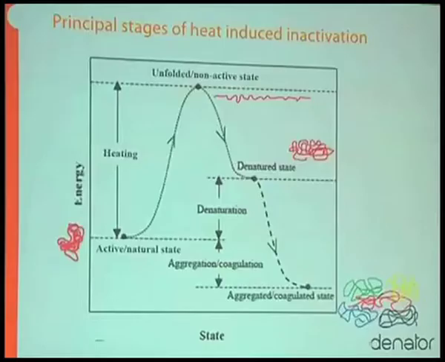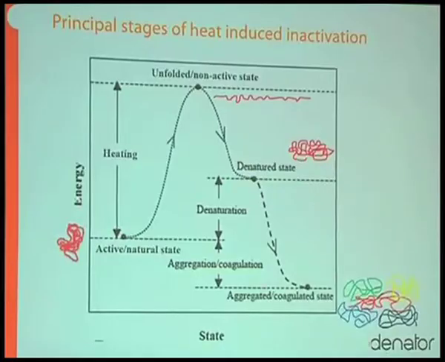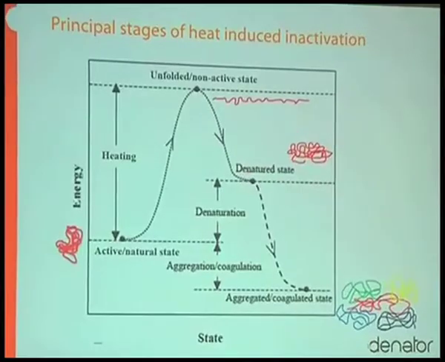Then the sample is taken out of the instrument and cools down, and through hydrophobic collapse we get another 3D fold, which is generally a denatured, non-active state. As this is done in the tissue, there are lots and lots of proteins in there, so we get an aggregated, coagulated state of the proteins, locking in this inactive new form. That's how it works.